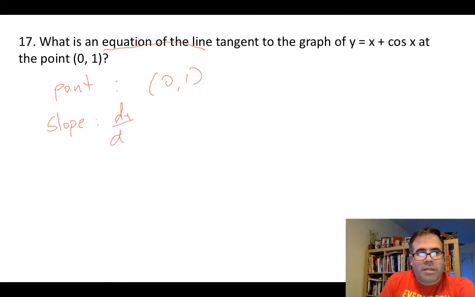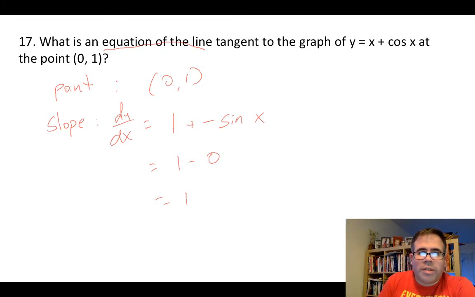dy/dx is equal to 1 plus derivative of cosine, which is negative sine of x. And so we plug in x is 0, sine of 0 is 0, so this becomes 1 minus 0, which is 1. Hey, slope is 1. Amazing.